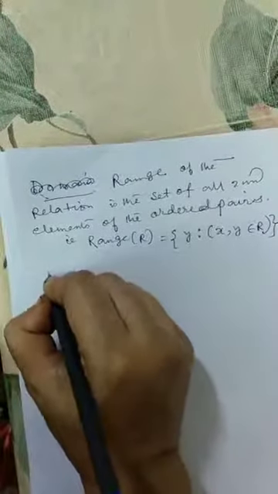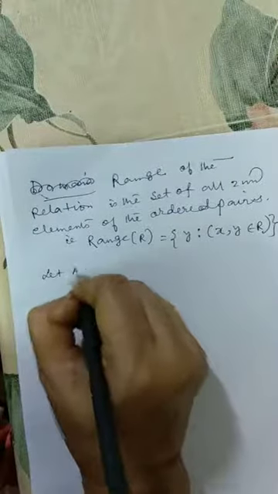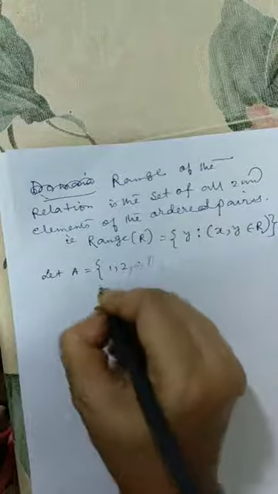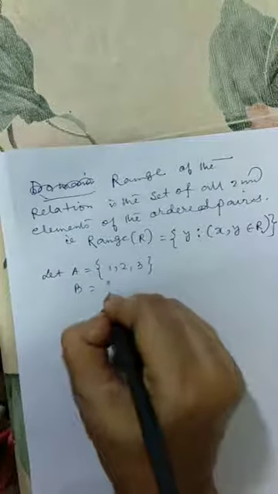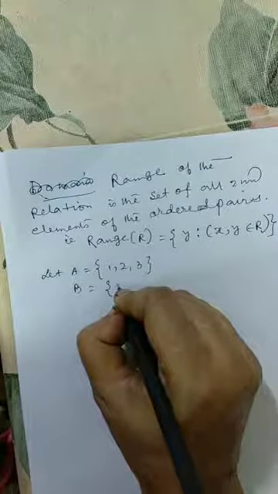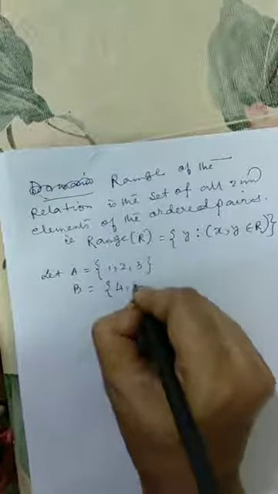For example, I can write: let A equal {1, 2, 3} and B equal {4, 5}.